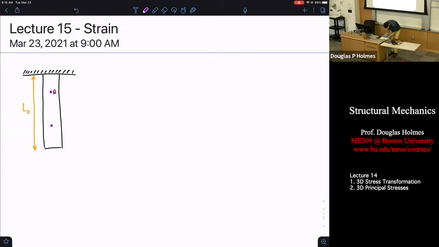Call that point A, point B. For the sake of this discussion, we will call this the x-axis. And here's our object. We're going to take this object and apply a load to it, and I'll place it in uniaxial tension. Try to draw straight lines. Fail miserably. Pretend like that's a rectangle.